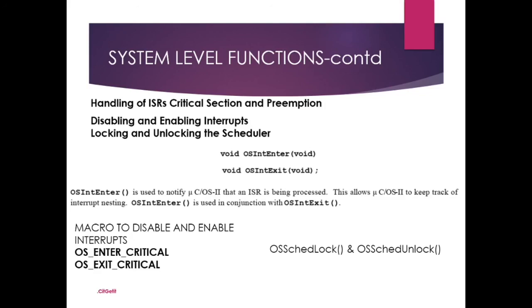Okay, these four things are related to interrupts, and the next thing is related to our scheduler. The scheduler will be scheduling the task according to its priority. That means always the highest priority task will be running. So we also have the option to lock the scheduler so that some of the tasks may not be preempted and will be allowed to run always.